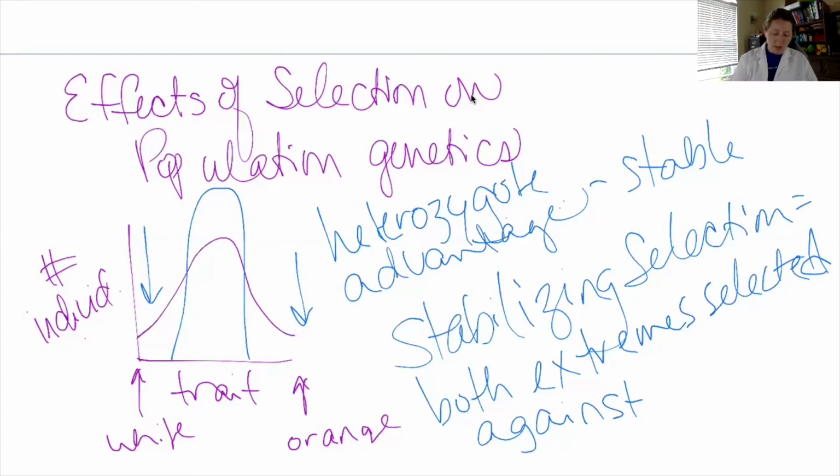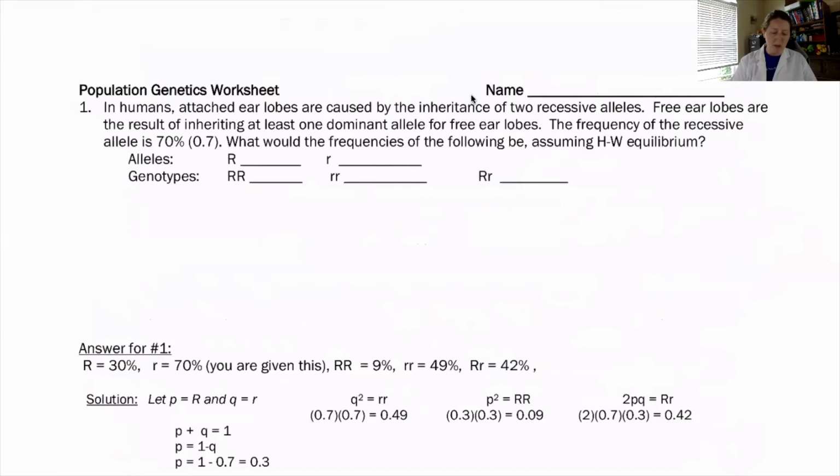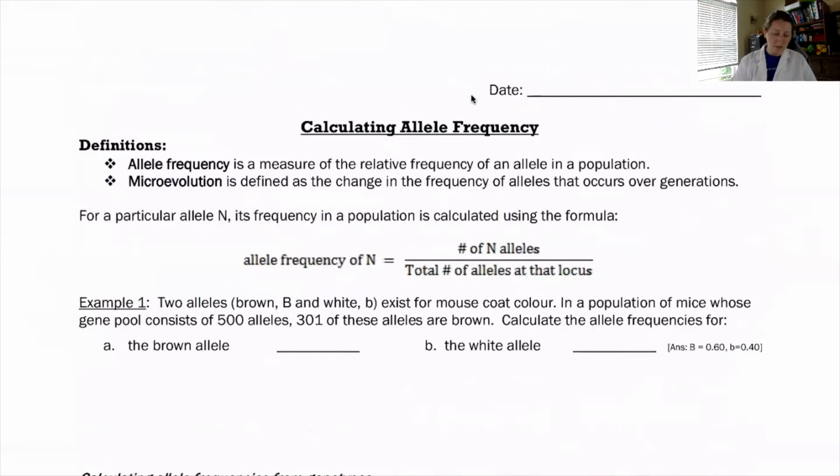Okay. So now that we have those, let's take a look a little bit deeper back to our Hardy-Weinberg here. With our Hardy-Weinberg, we really have two equations that are essential. We have the allele frequency, which is P plus Q equals 1, where P is the dominant allele, Q is the recessive allele, so therefore the frequency of the dominant plus the frequency of the recessive should equal 100%.